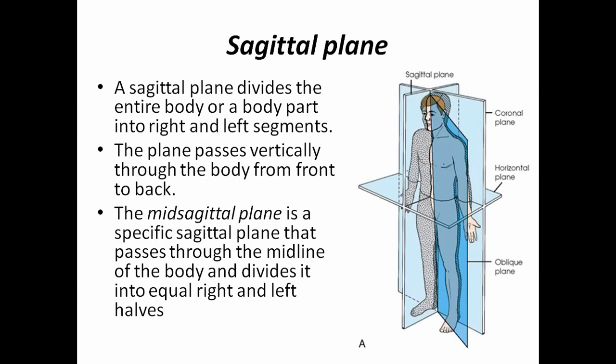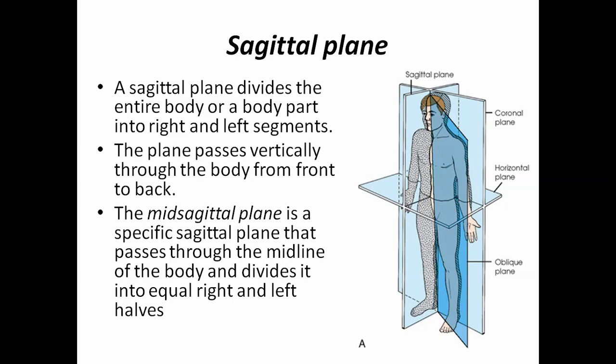So all of you know that there are different types of body planes. The first is the sagittal plane. This is the plane that divides the right and left of the body. It passes vertically from front to back or back to front.